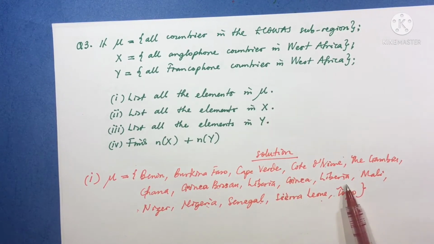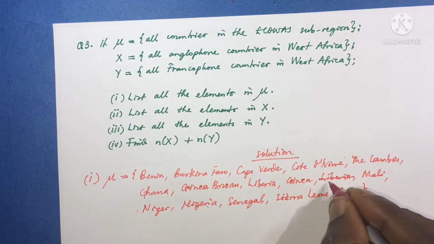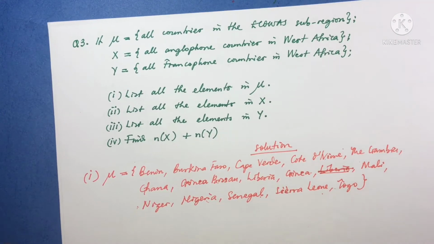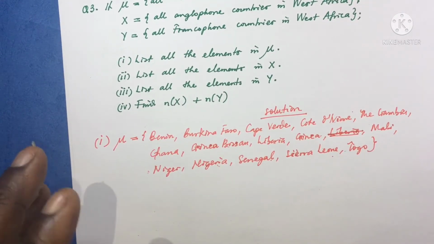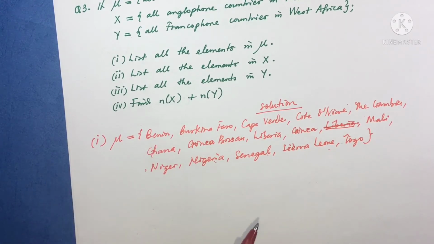Sorry, I wrote Liberia twice, so I'm going to cancel Liberia off. So we have 15 countries in the ECOWAS sub-region. Now that concludes question number 1, where we had to list all the elements in mu, and by that, of course, it means listing out all the countries in the ECOWAS sub-region.